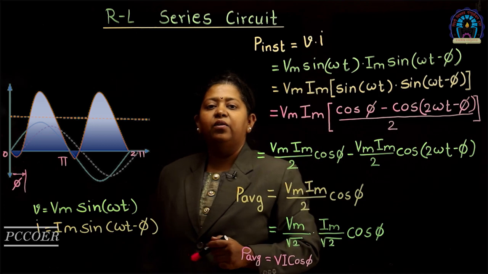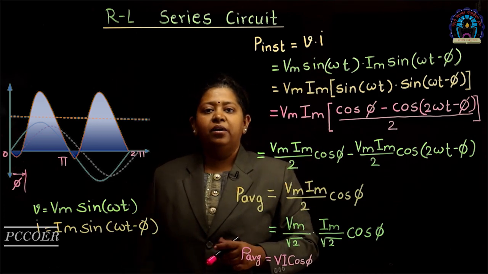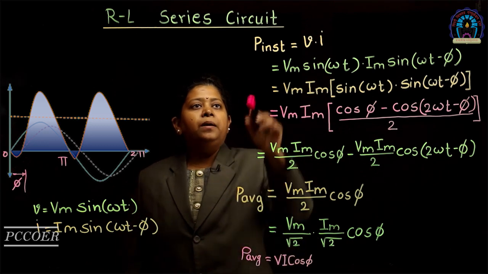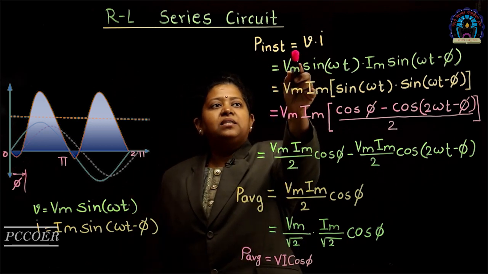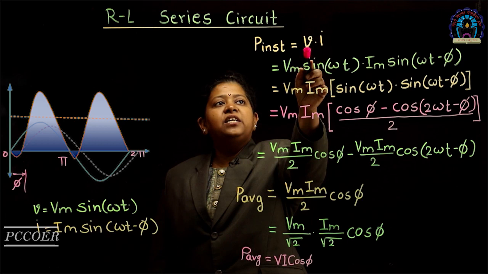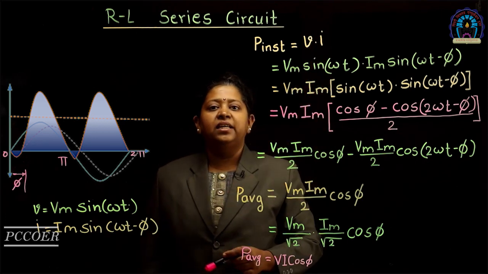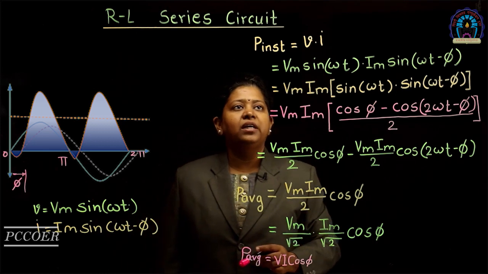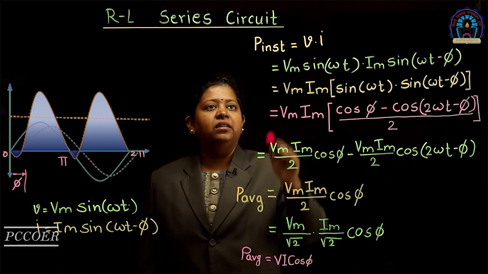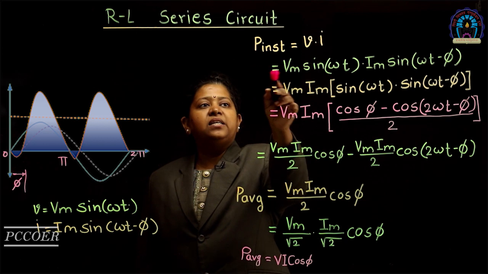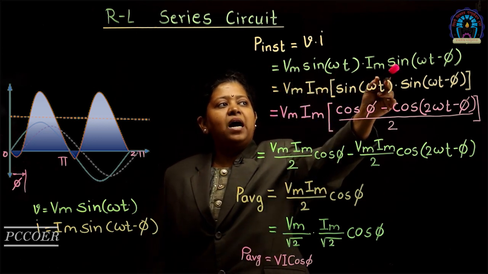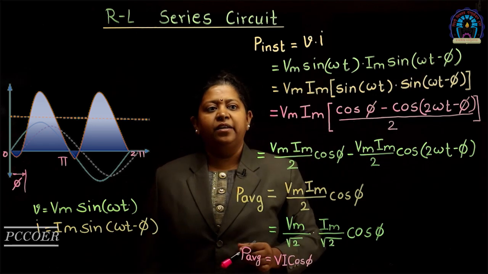Now let us find out the mathematical expression for P instantaneous and P average. Instantaneous power is equal to the product of instantaneous voltage and instantaneous current. After substituting the expressions for instantaneous voltage and current, we get P instantaneous is equal to Vm sin omega t multiplied by Im sin of omega t minus phi.